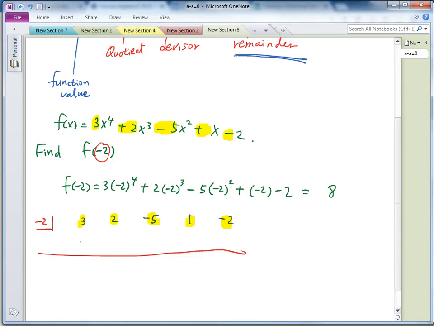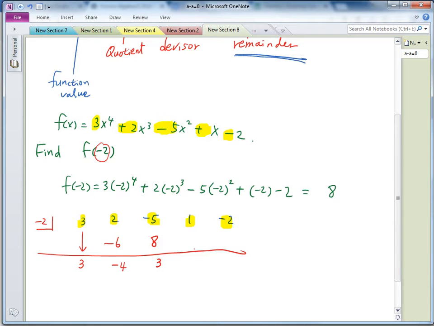Alright, bring down the first number. Multiply crossways. Multiply negative 2 times 3. The product is negative 6. And then top and bottom add: negative 4. Crossways, multiply negative 2 times negative 4: 8. Top and bottom add.